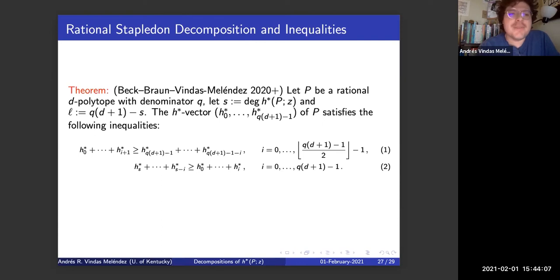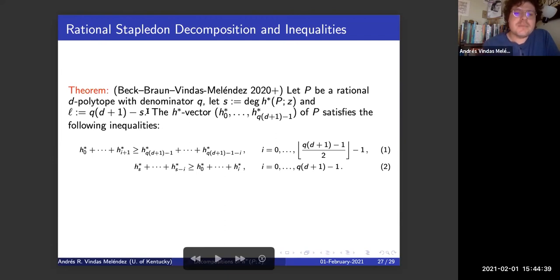That means that we might have to specify some dimension or some denominator and then try to classify it there. In any case, what I'm trying to say is that classification of Ehrhart polynomials and Ehrhart quasi-polynomials is difficult. So towards that classification, we might present some inequalities that are satisfied by the h star polynomials. And in a sense, that's also giving inequalities that are satisfied by the Ehrhart quasi-polynomials because it's just a change of basis. And so that's what we do.